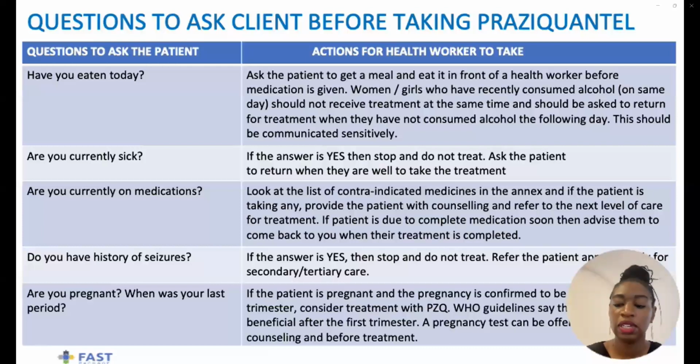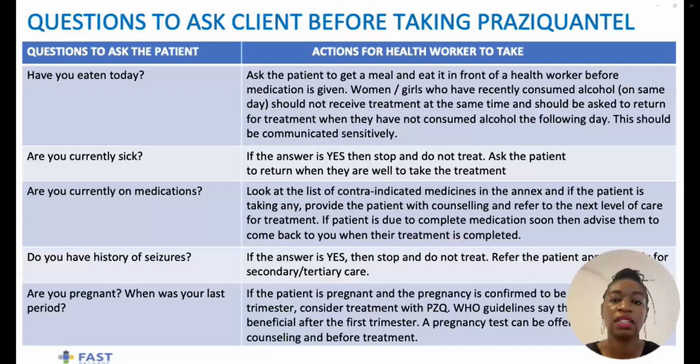So you need to be very careful about that. And then if they're pregnant, we know that the WHO has allowed us to give praziquantel in all trimesters. As a country, you can adopt a country-specific adaptation or guidelines for this.